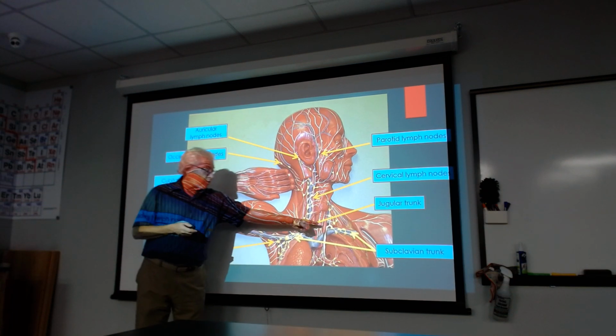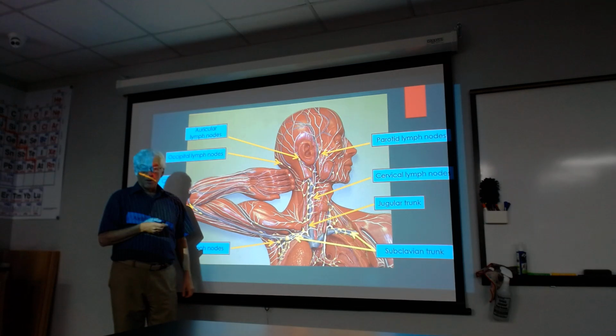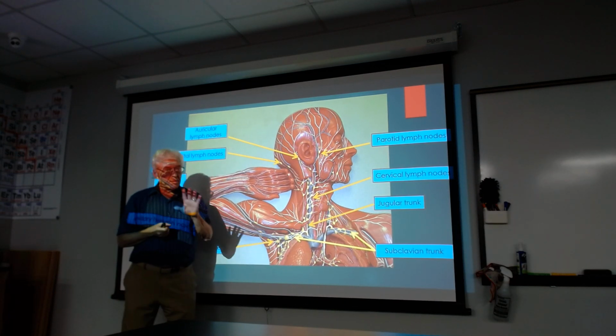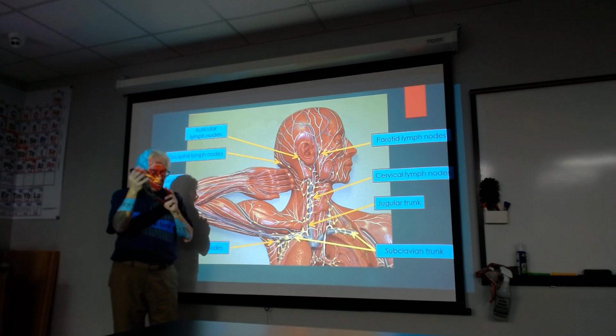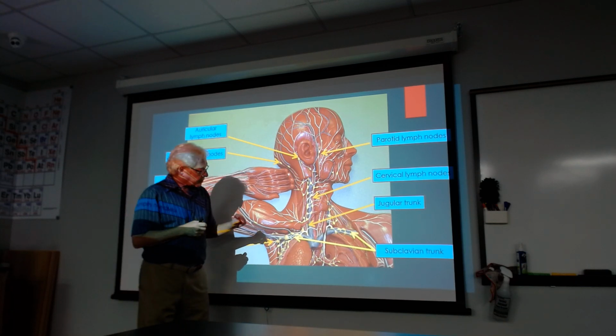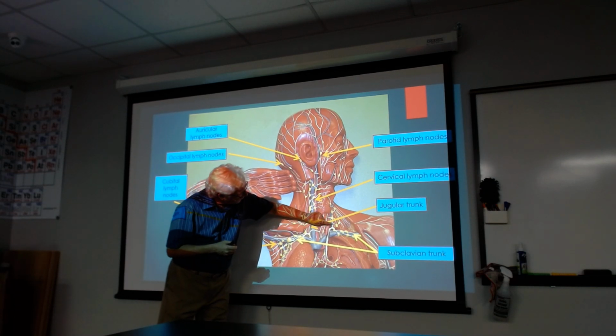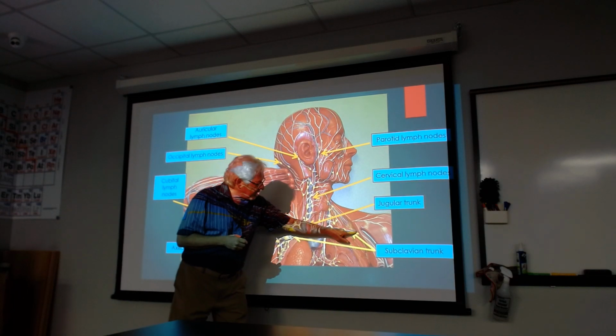And the ones that run across your subclavian veins is the subclavian trunk. Now, here is my caveat. You can see this one pretty easily, okay? You're going to have to assume it's this one here on this side. Got it? You can't tell.